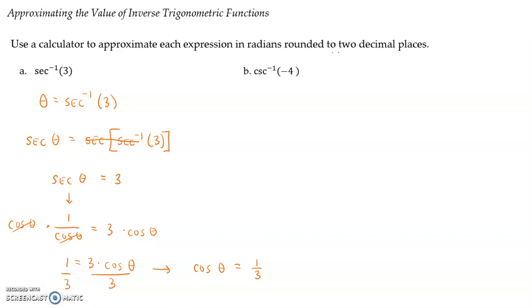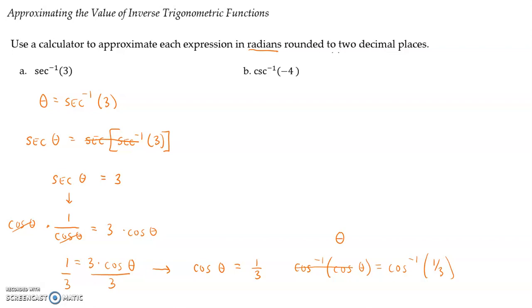Okay. And since we want to use our calculator for this, make sure your calculator's in radian mode. And we want to go to 2 decimal places. So we're going to go ahead and do inverse cosine of both sides here. I'm going to go ahead and write it out the long way. What's going to happen is this inverse cosine and the cosine on the left are going to cancel each other out.